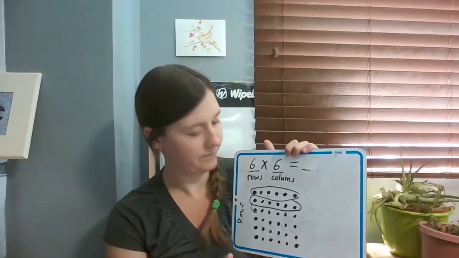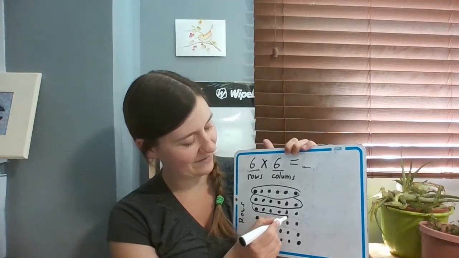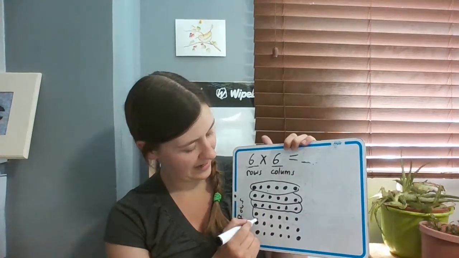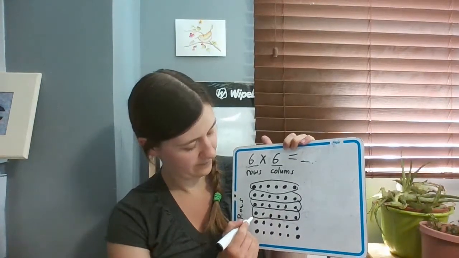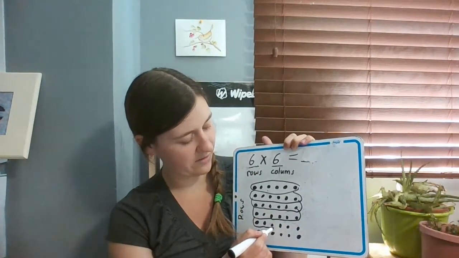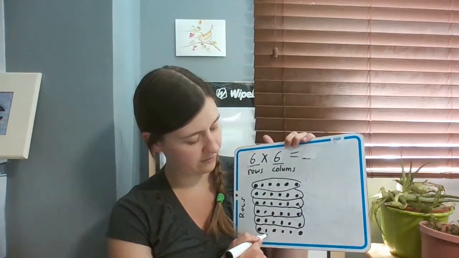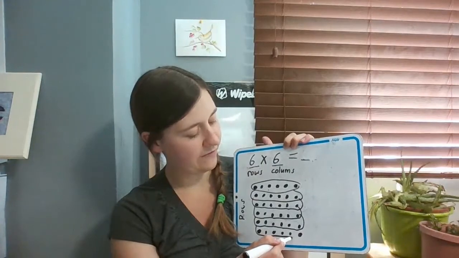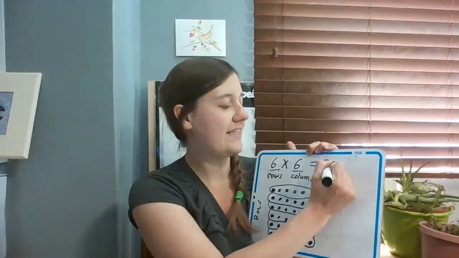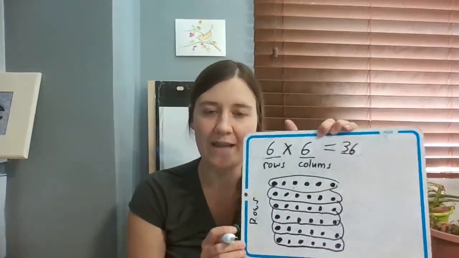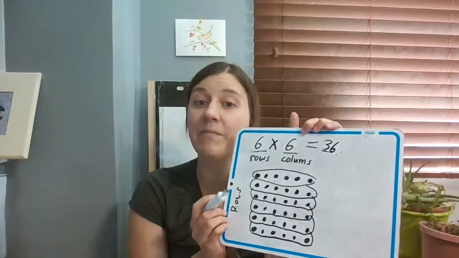Silly Miss Vasvary. 12, 13, 14, 15, 16, 17, 18, 19, 20, 21, 22, 23, 24, 25, 26, 27, 28, 29, 30, 31, 32, 33, 34, 35, 36. 36.